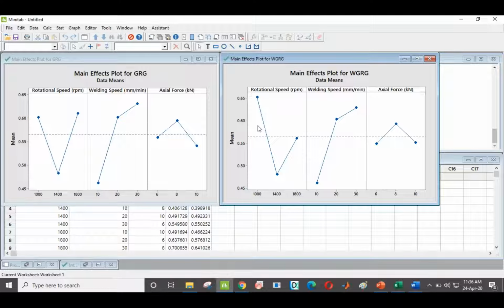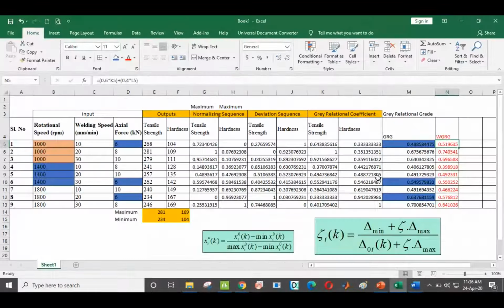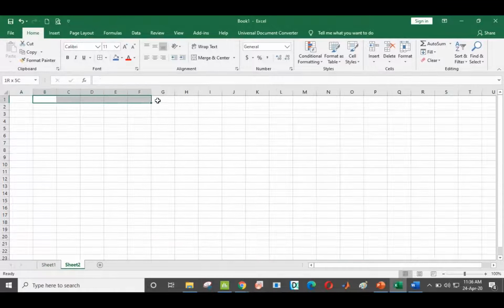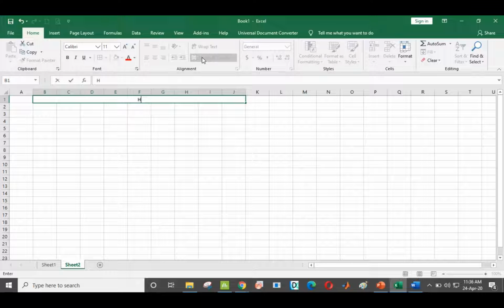So hope you have learned how to execute this grey relational analysis in the Excel sheet. So now I will go with the next example, that is the hybrid Taguchi based optimization approach, the hybrid Taguchi grey relational analysis.